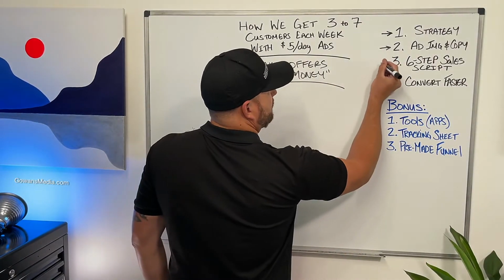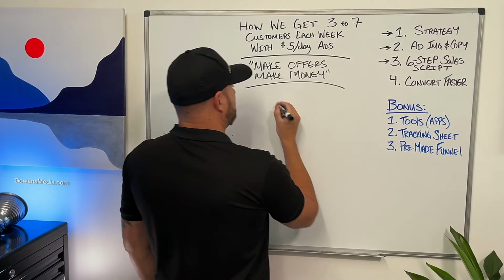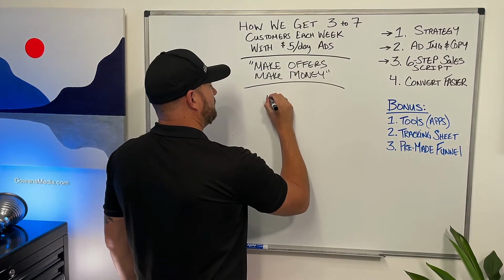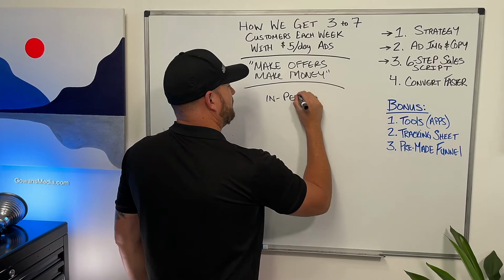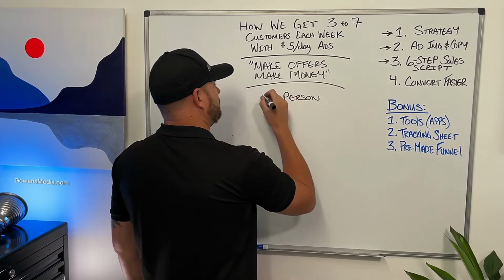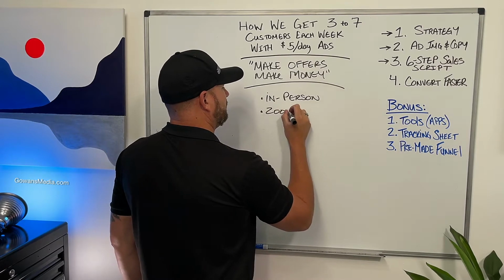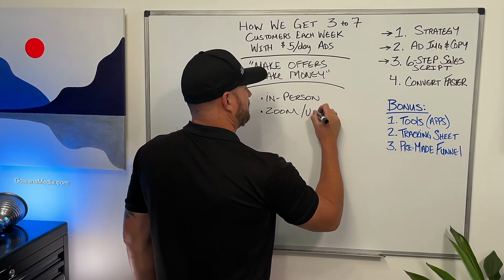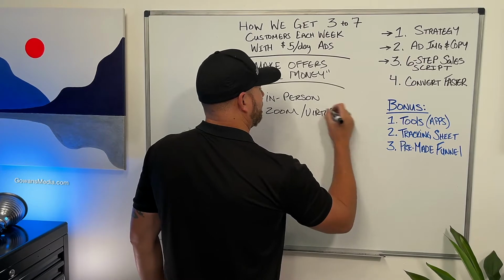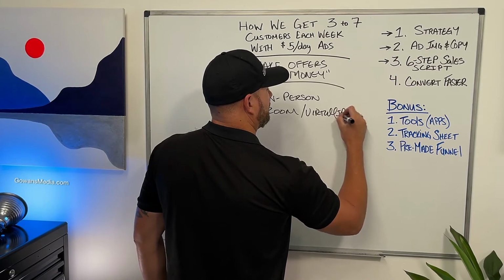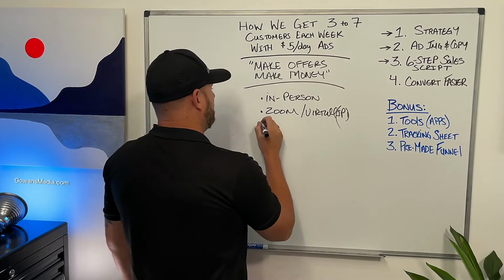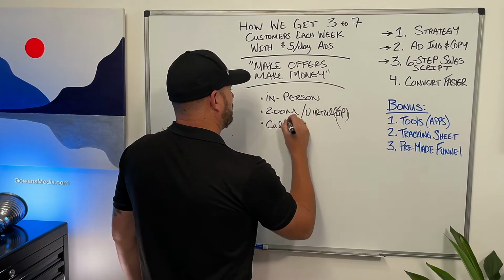So the 6-step sales script. Now, whether you talk to them in person, okay, so maybe they have an in-person appointment, they come meet with you, or maybe you do a Zoom where it's kind of in person but virtual. Okay, so I'll put virtual IP for in person. And then the other one is just a simple call.